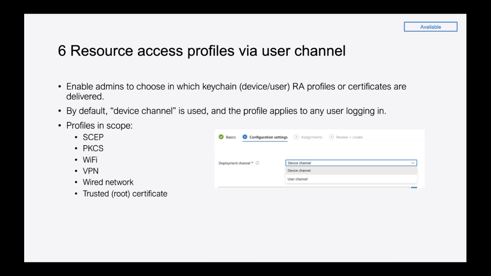Okay, next slide, please. This was a huge change for us in Intune. So the resource access profiles via user channel. In plain English, this is being able to install certificates into the user keychain rather than the system keychain on a Mac. So a Mac has two places it can store credentials. The system keychain, which is typically where things like device credentials get stored.